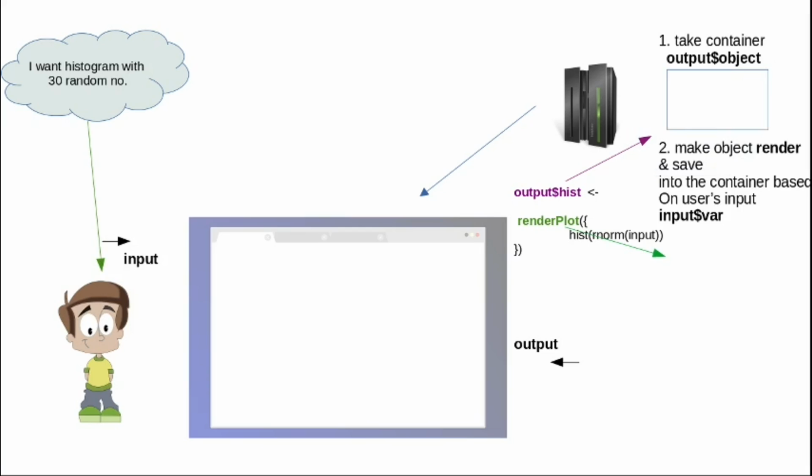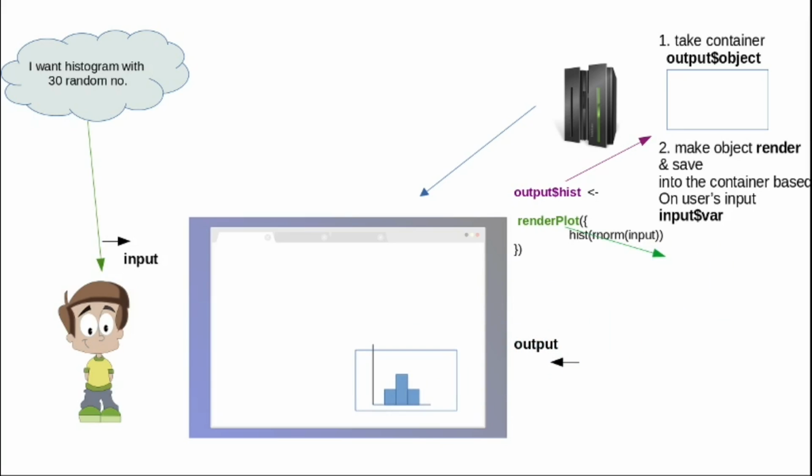Here the object is the histogram, and the server makes the object. How does the server make the object? By a render function, renderPlot. Then it finally makes the object according to the user's input and returns it to you.